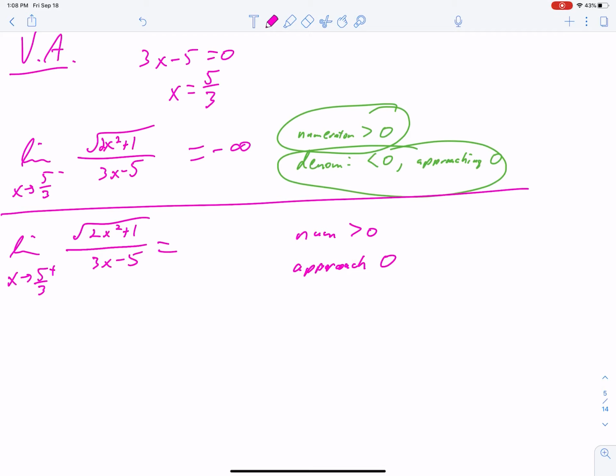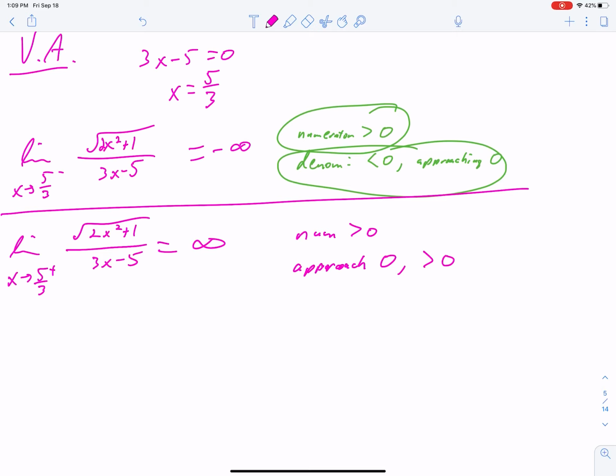The whole denominator is still going to approach 0, but it's going to be positive this time, because this term, getting close to 5/3 from the right, is going to be bigger than 5. So something bigger than 5 minus 5 is a positive value. Positive over positive, with the denominator approaching 0, so the denominator gets incredibly small and the fraction gets incredibly large.